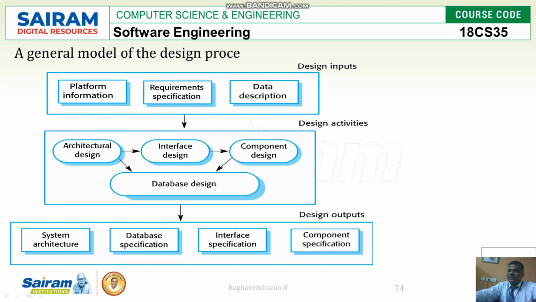Then the interface specifications, how the interfaces are present in the system architecture, are present as output. And the component specifications, the individual components used for this application, are also outputs.